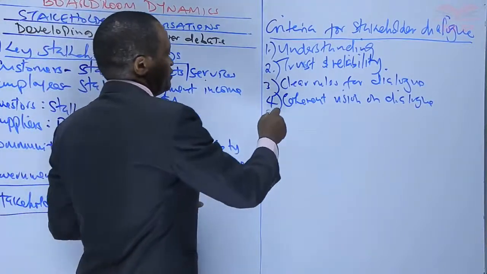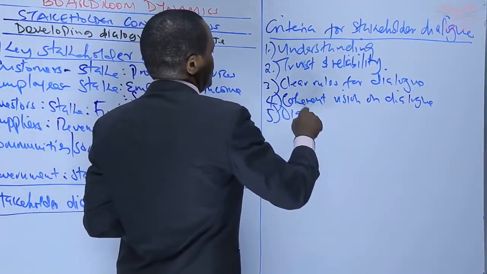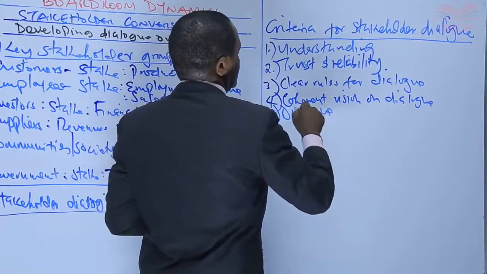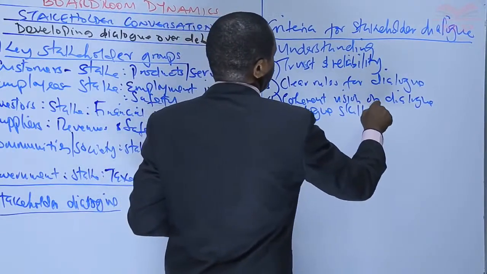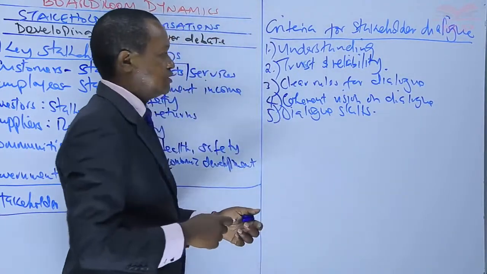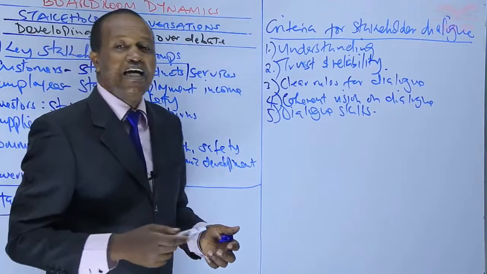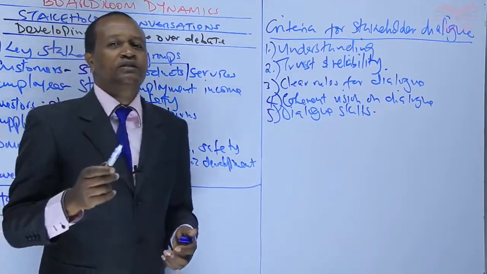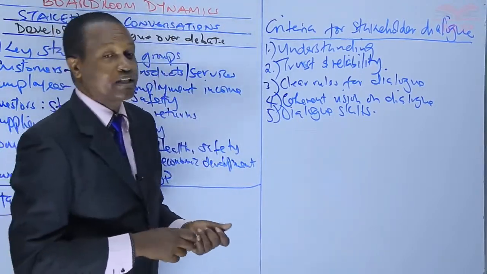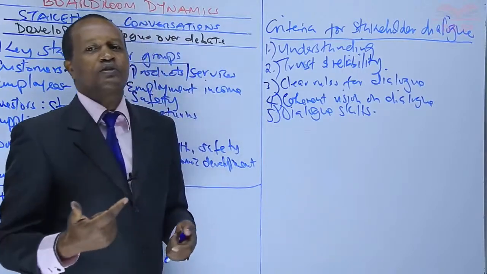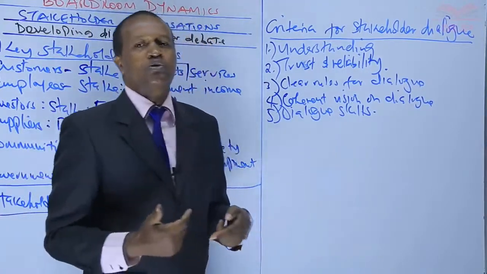Then number 5, dialogue skills. The parties must possess skills for taking part in a dialogue.